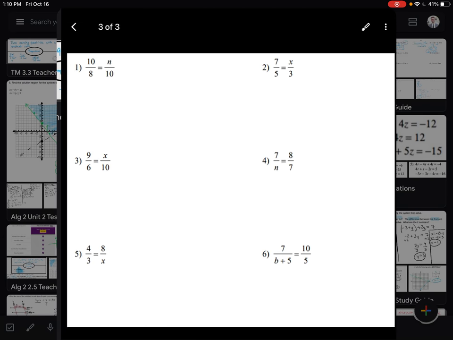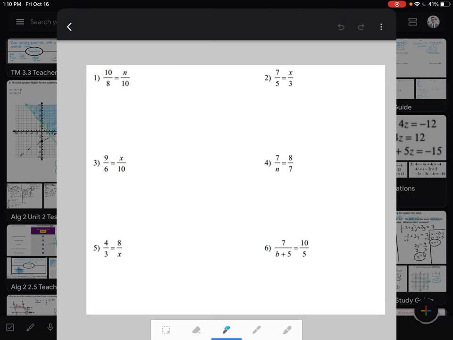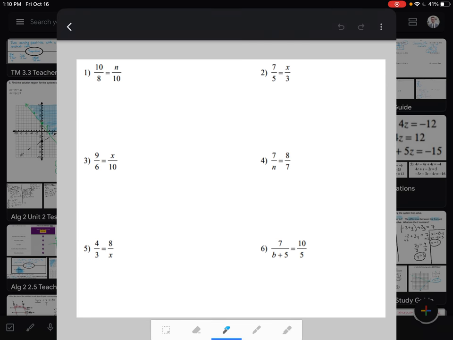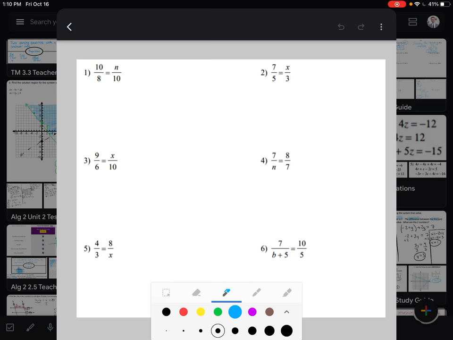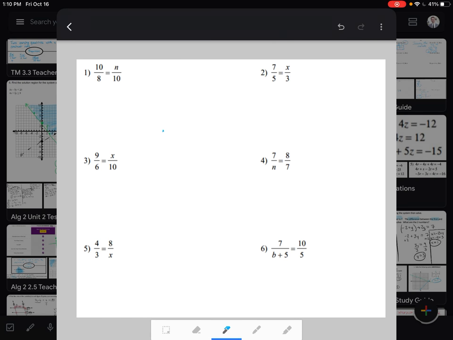How we're going to apply that today, and how you'll see this come up most frequently in math class, is by evaluating and solving some of these questions. We are trying to solve for our constant, and just like we did with the miles per hour question, we want to make sure it's the same thing. So 10 divided by 8, we want that to be the same answer as whatever we solve for n divided by 10.